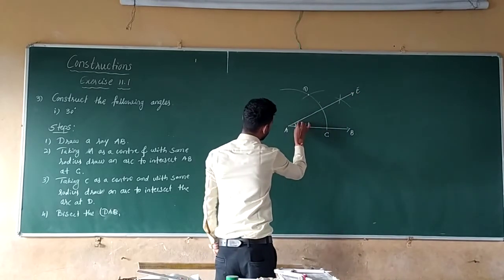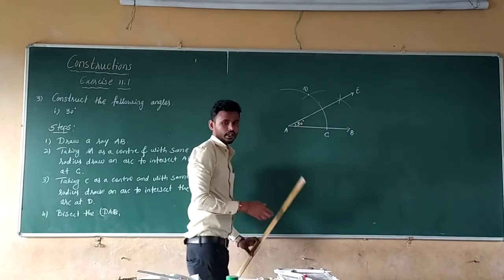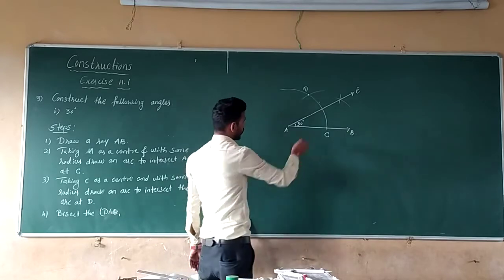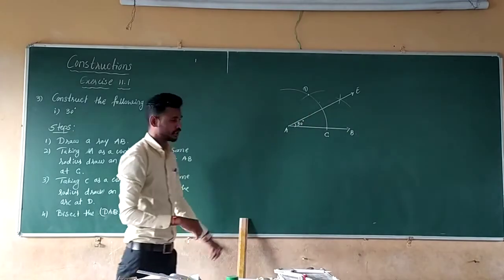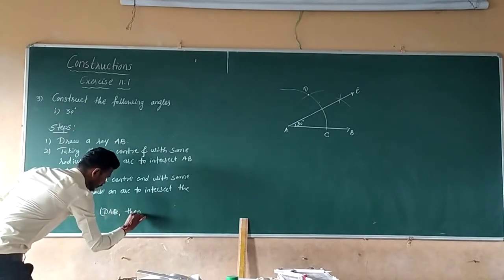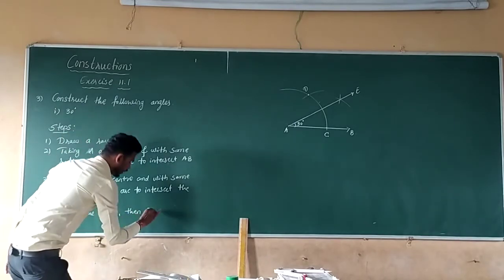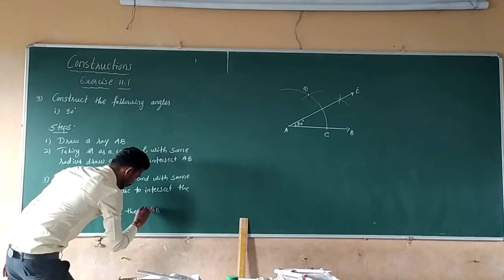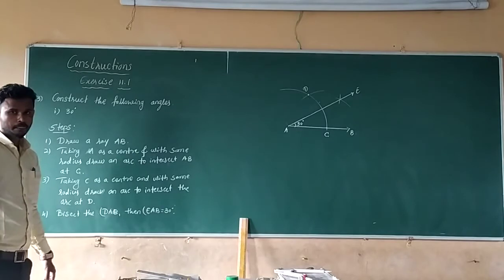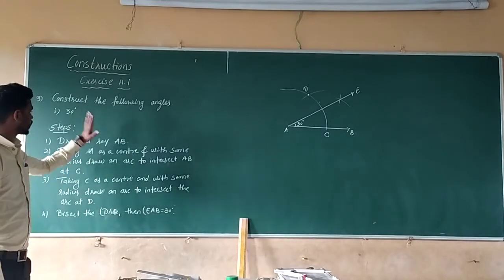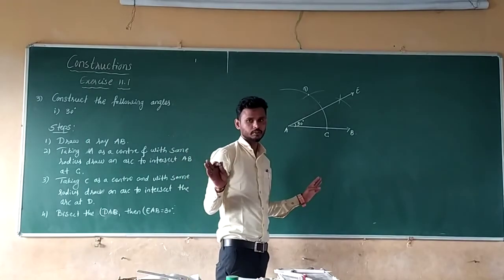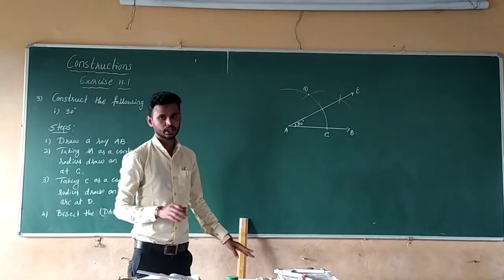This angle will be 30 degrees because this is the bisector of the 60 degree angle. That means it should be 30 degrees. Then what you will get? Angle EAB is equal to 30 degrees. So this is the construction of 30 degrees. They said only to construct, not justification. So this is the construction of 30 degrees.